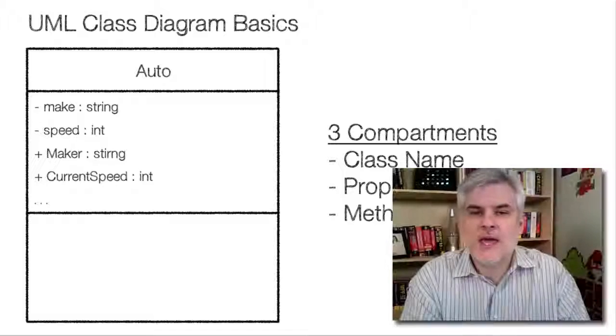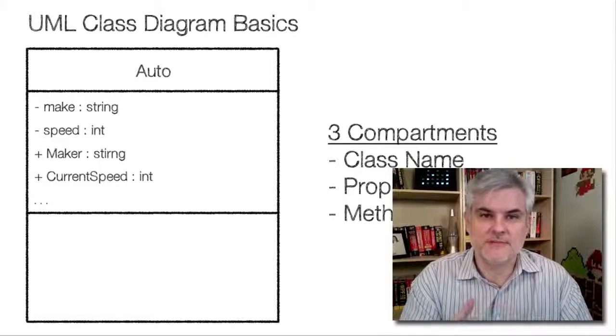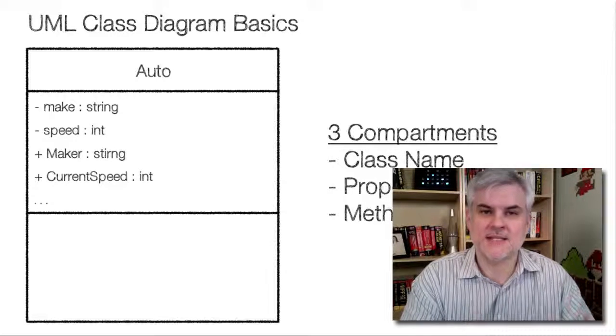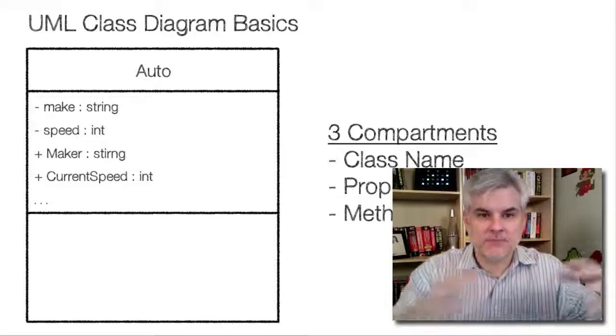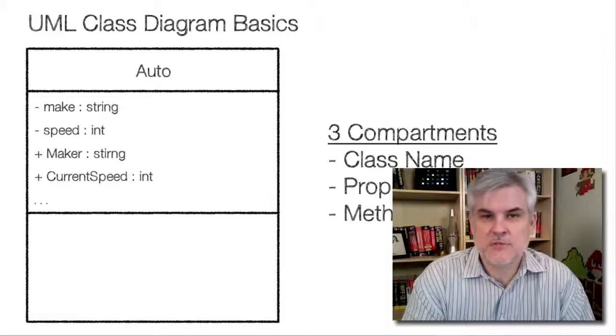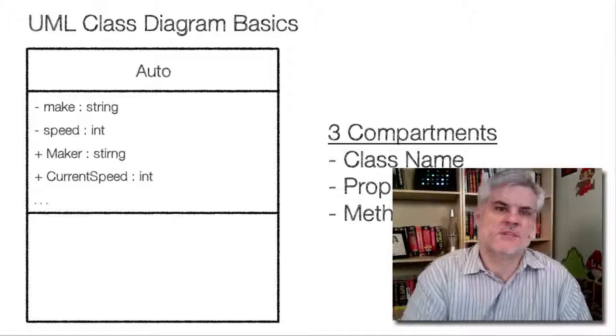Okay, so you can include and exclude any number of items. Just include the ones that make the most sense for the design intent that you're trying to express. They don't have to be a complete full representation of a given class. It can just be a partial representation, anything that's pertinent to the current discussion or line of thinking.